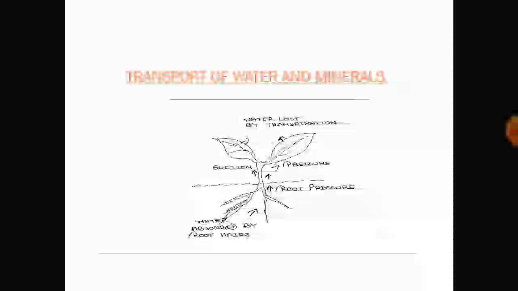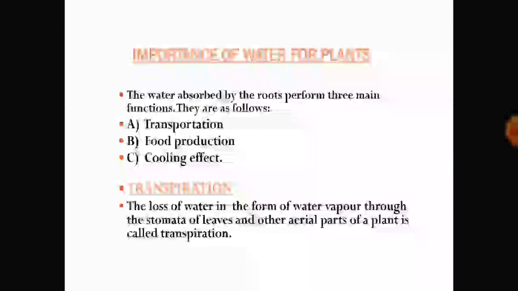So, the water moves to the upper part of the plant body, and this is due to transpiration, which exerts a pull from above. The upward movement of sap that contains water and minerals from the root towards the upper part of the plant is called ascent of sap.